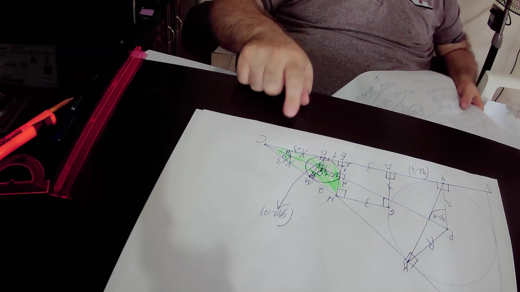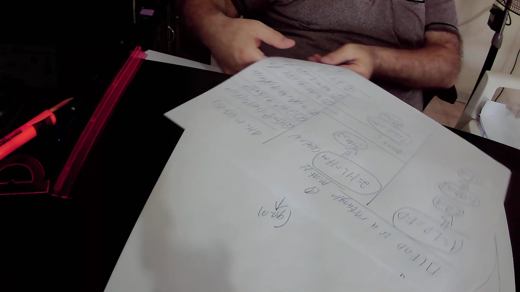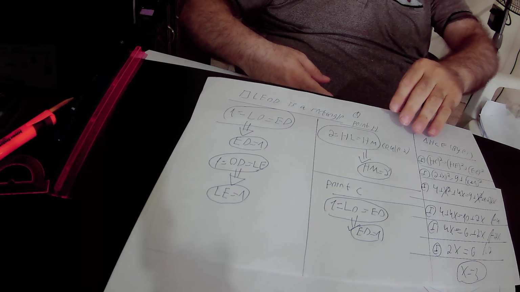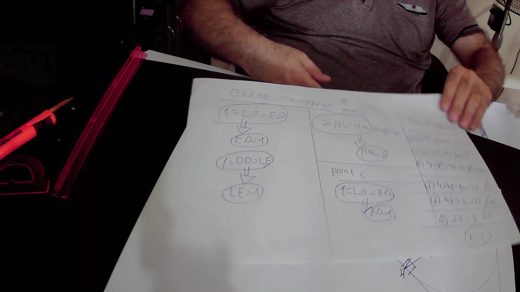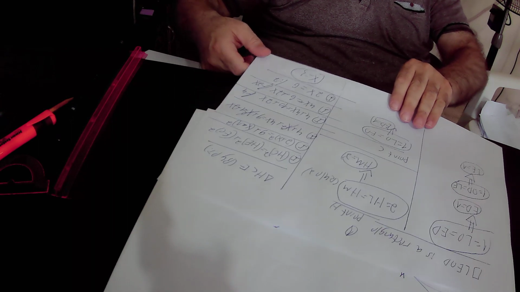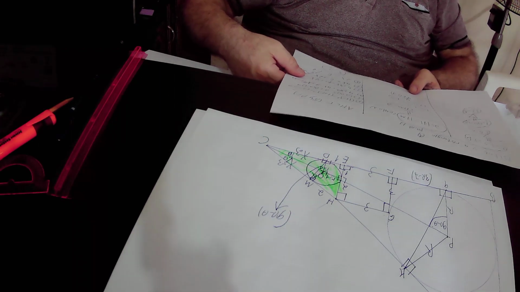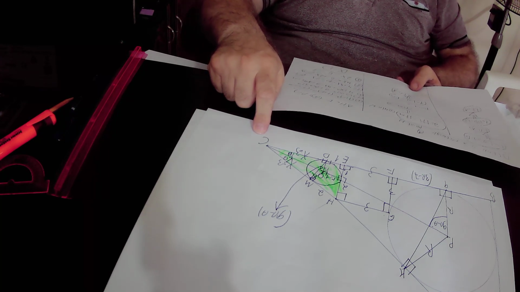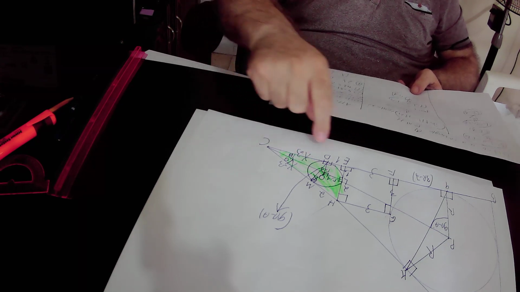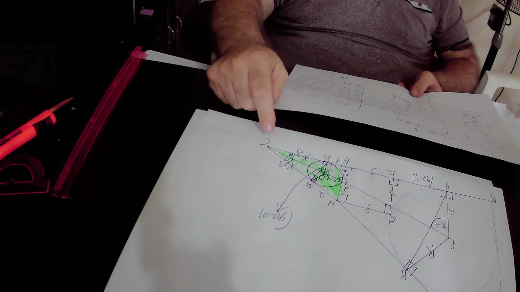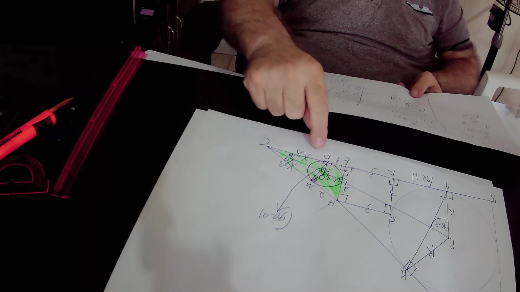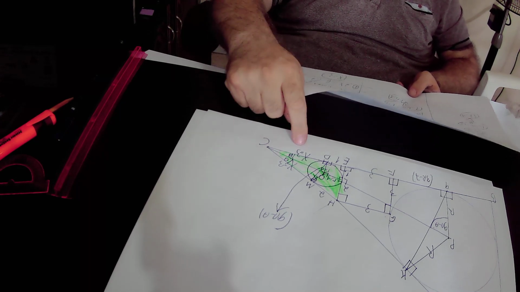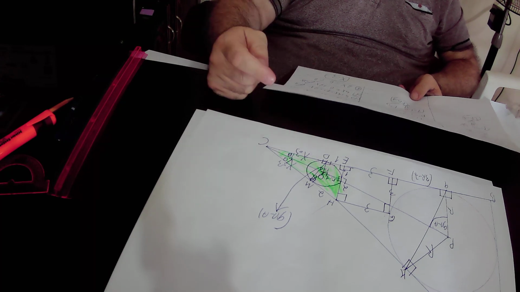That is to say, CD equals CM. So if CM equals X, then CD must also be equal to X.